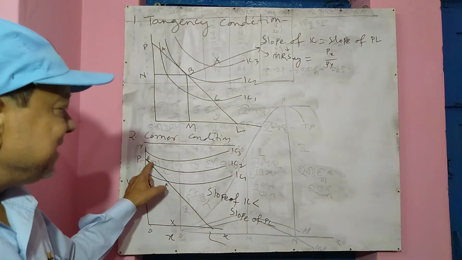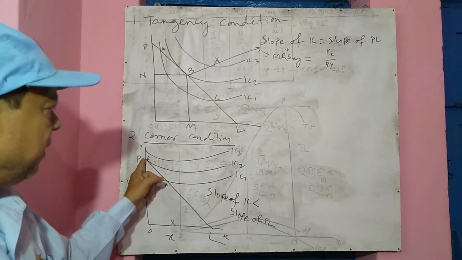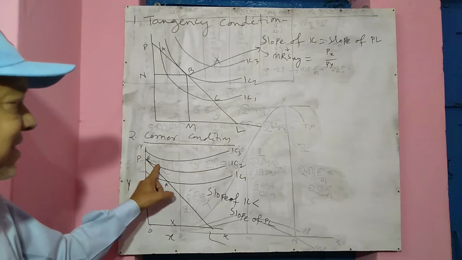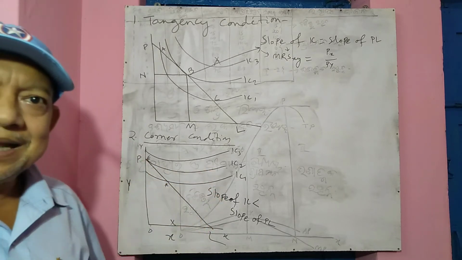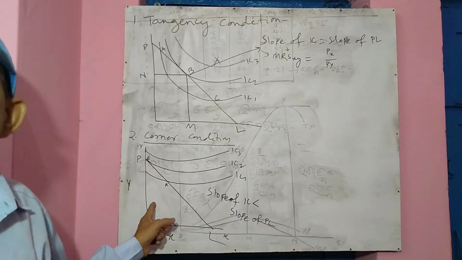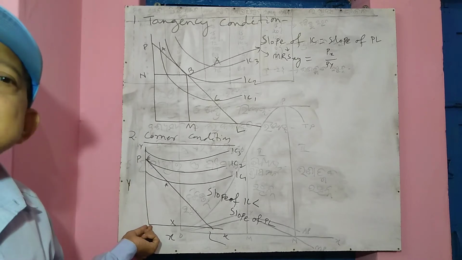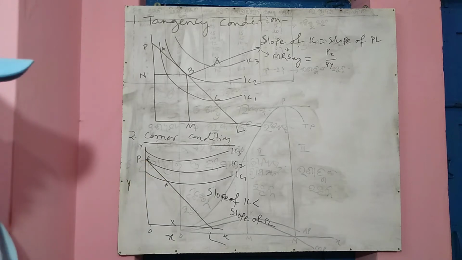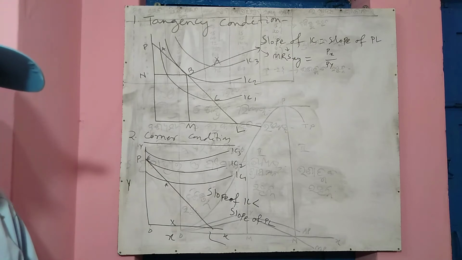The indifference curve is flatter, but the price line is steeper. That is why the consumer will be forced to consume the maximum amount of Y and no amount of X. So in the corner condition he will consume only good Y, no good X.